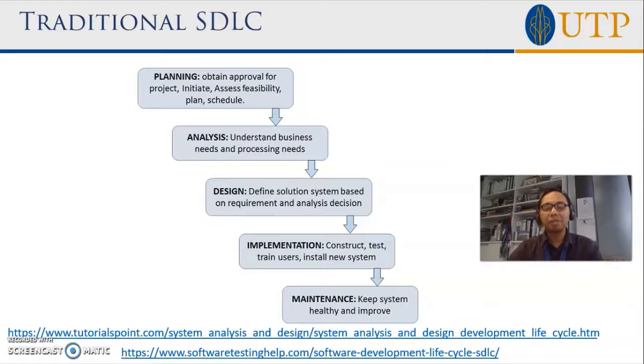Bad here means that the development or the output that you have for each of the phases does not meet the user requirements. So it is important that whatever phase you are in in the SDLC, you make sure that it follows the requirements from the users.